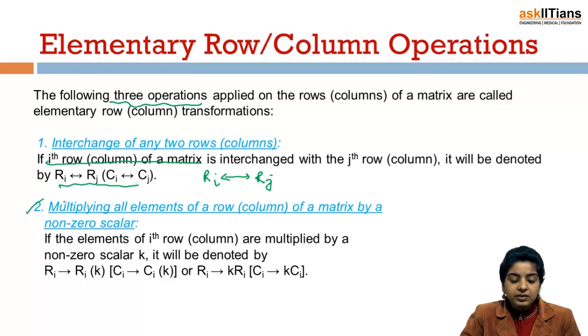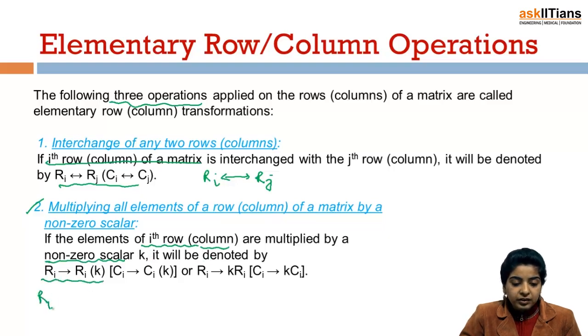Our second property says multiplying all elements of a row or column of a matrix by a non-zero scalar. If the elements of the ith row or column are multiplied by a non-zero scalar k, just note here, non-zero scalar k, it will be denoted by Ri tends to this.